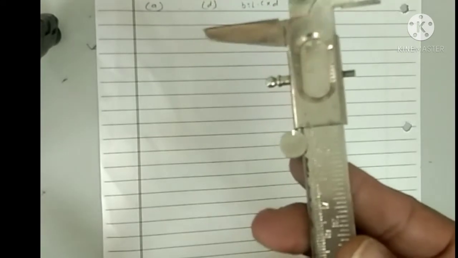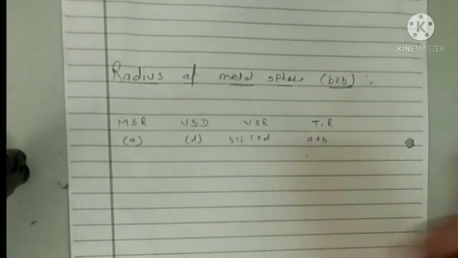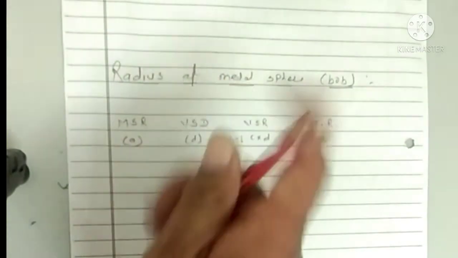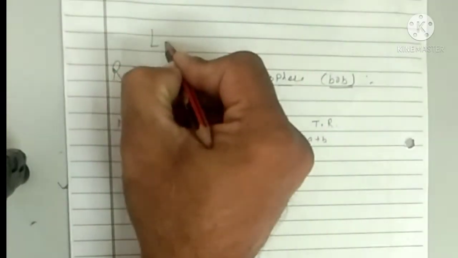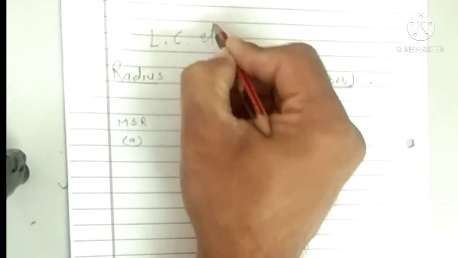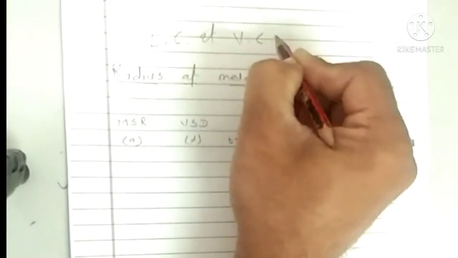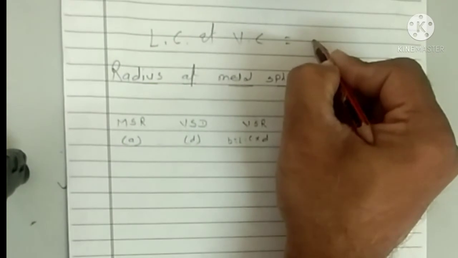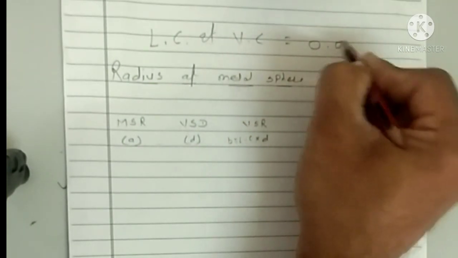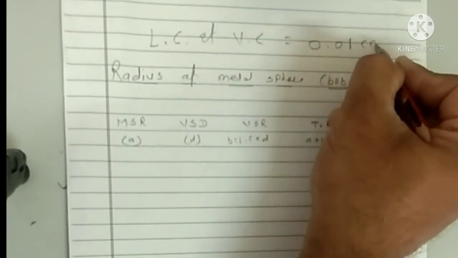You know that the least count of the vernier caliper is 0.01 centimeter.